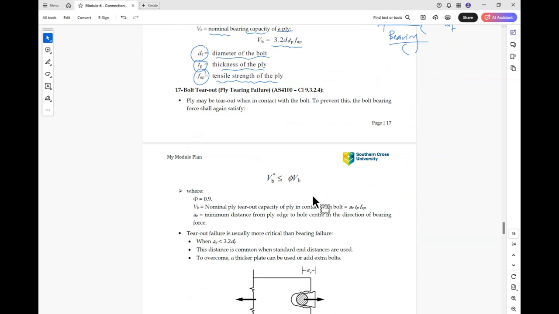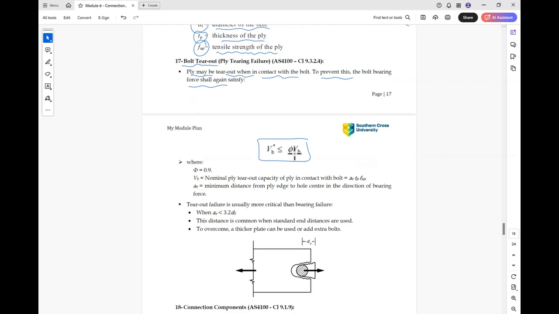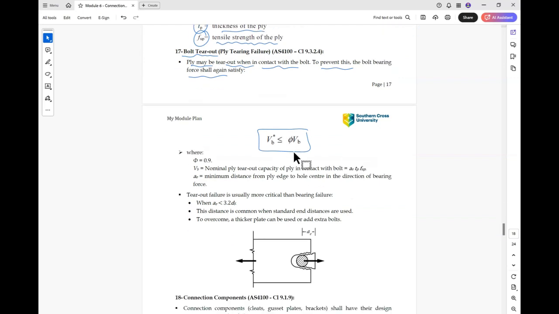Another type of failure is the bolt tear out. So in this case, the ply may tear out when in contact with the bolt. To prevent this, the bolt bearing force shall satisfy V*b less than φVb. So it is very close to the previous formula, but the value of Vb in this case will be different compared to the previous one.